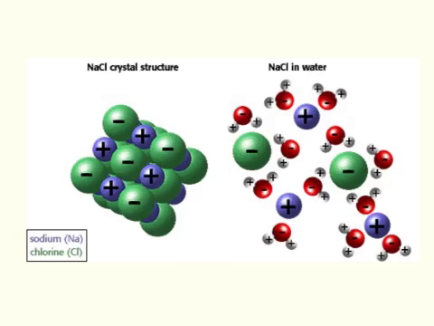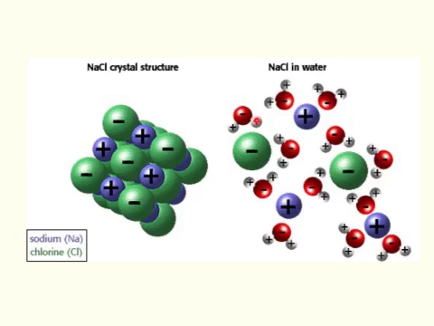But as soon as you put that sodium chloride crystal into water, because it's so polar, it pretty easily pulls that structure right apart. So water's polarity, remember that the oxygen end of the water molecule has a partial negative charge, and the hydrogen end has a partial positive charge.